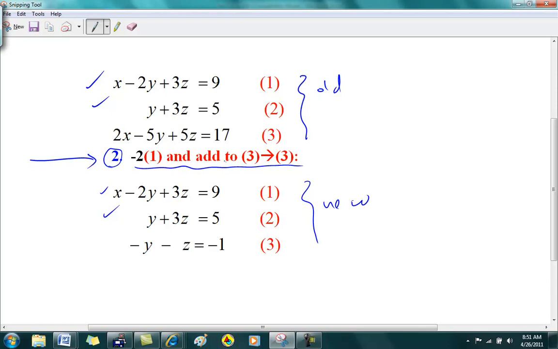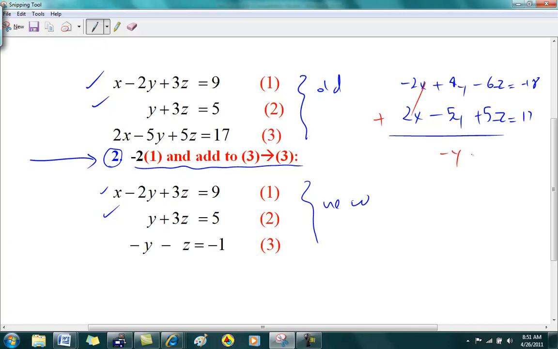Now, if you can't do this step in your head, you might want to work this on the side. So -2 times equation 1 would look like -2x plus 4y minus 6z equals -18. And I'm adding it to equation 3, which is 2x minus 5y plus 5z equals 17. If I add the 2, this cancels.